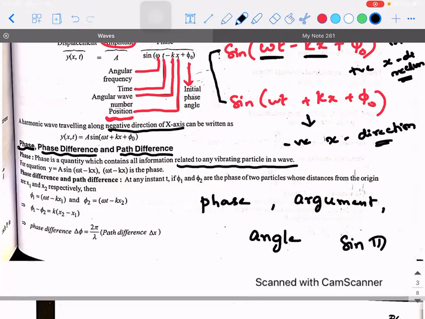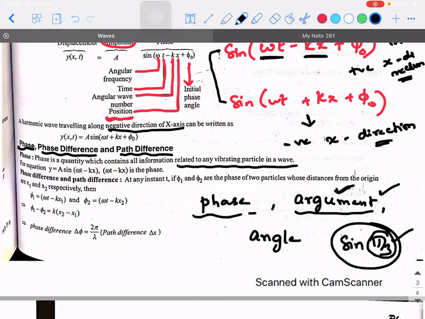If I ask you sine pi by 3, then this pi by 3 in basic terms we call angle. In terms of mathematics, we call it an argument. This word is actually not given in CBSE, but for other exams you will be knowing it. You will learn it in complex numbers. In a similar context, pi by 3 with respect to physics is called a phase.